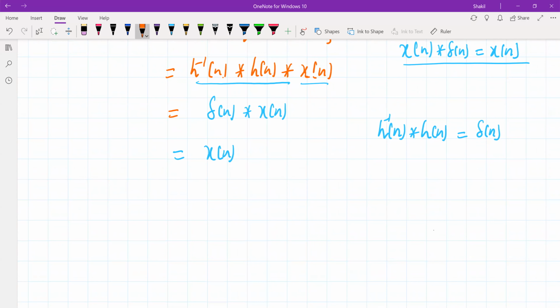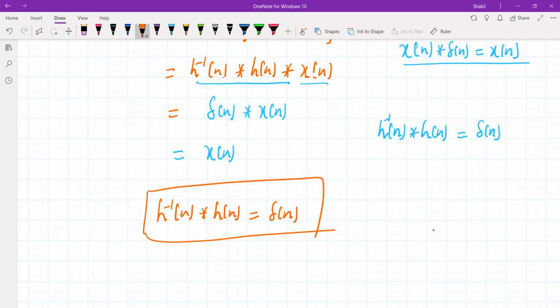So for an LTI system, the condition is that the impulse responses of the two systems, if you convolve them, must be equal to delta of n. This is a very important condition for an LTI system.